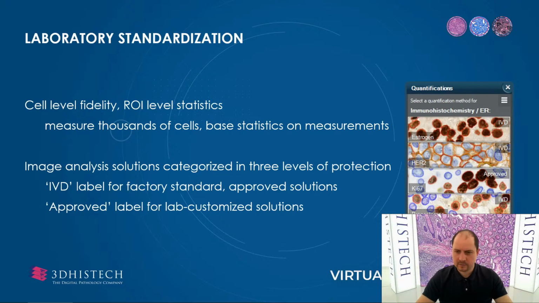As I said, these protocolar and regulational thresholds and recommendations can be kept in place. These scores and index values are based on cellular level measurements, and this means an objective tool to support diagnosis. This is an important standardization step also.